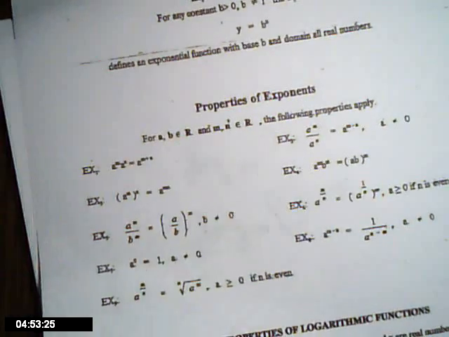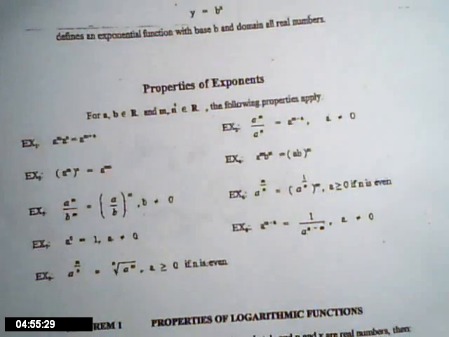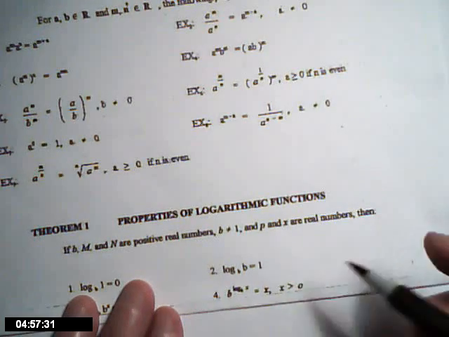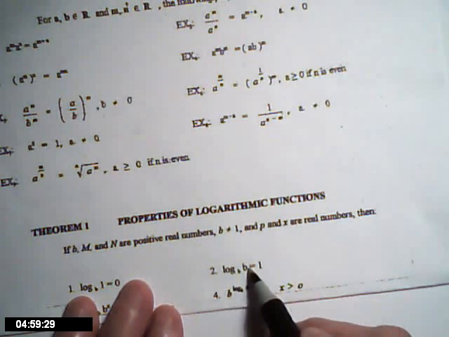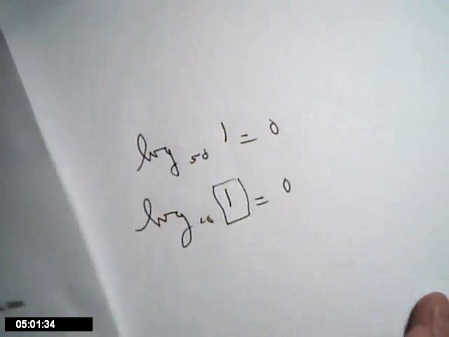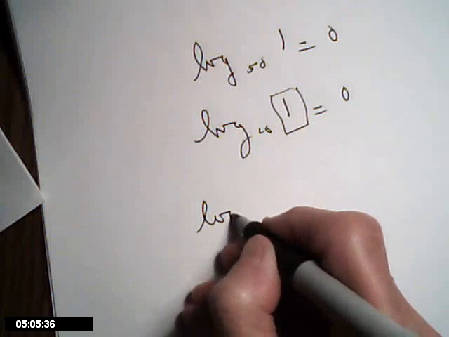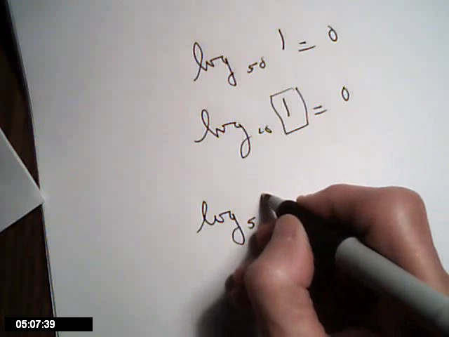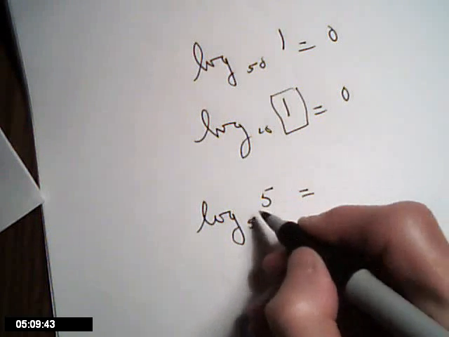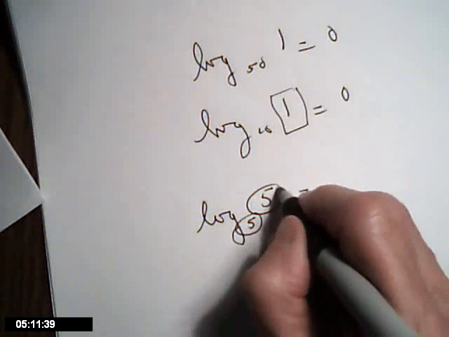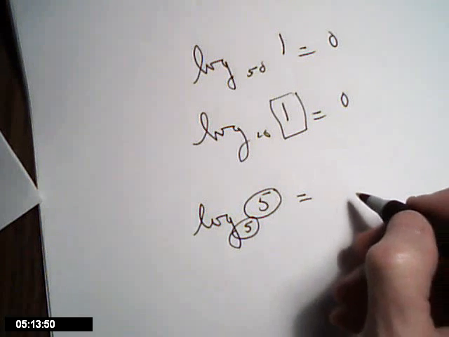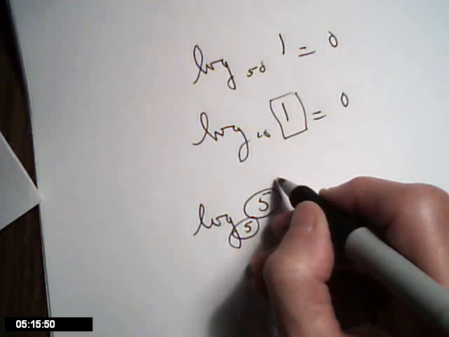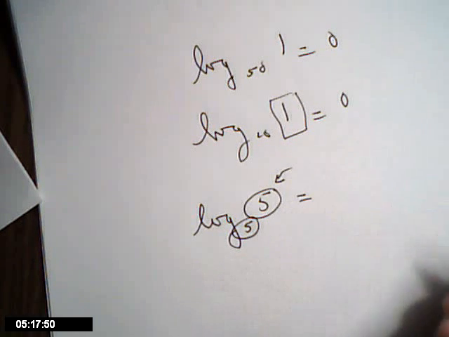The next one, and this is a really, really important one, says that if I have log base b of b equals 1. Now that doesn't mean a lot, but here's what it's saying in simple terms. If I have log base 5 of 5, in other words, my base and my argument are alike, then what that's going to equal is the exponent of that argument, which in this case is 1.